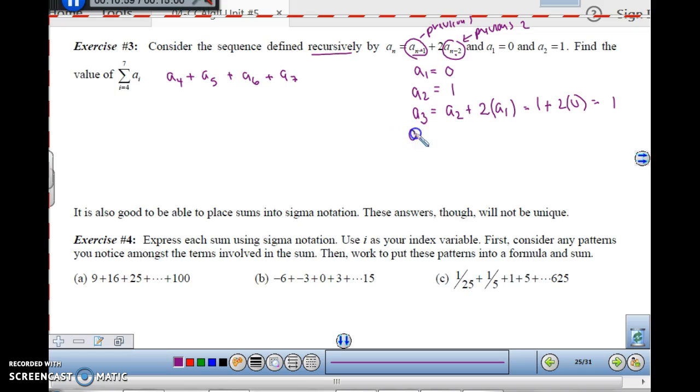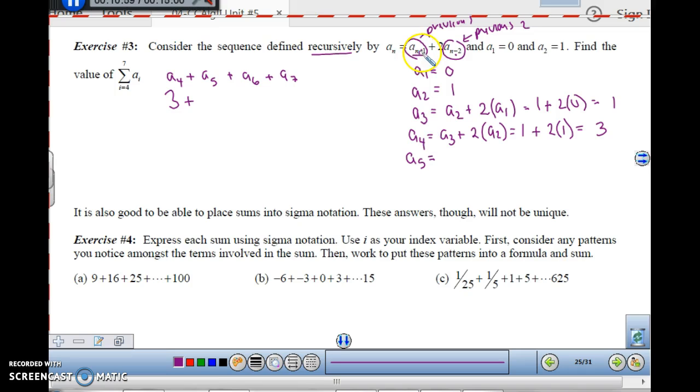All right, to figure out a of 4, the previous one would be a of 3, plus 2 times the term 2 previous to it, which would be a of 2. So a of 3 is 1, plus 2 times a of 2, which is 1. 1 plus 2 is 3. So this one's going to be 3. Okay, let's do a of 5.